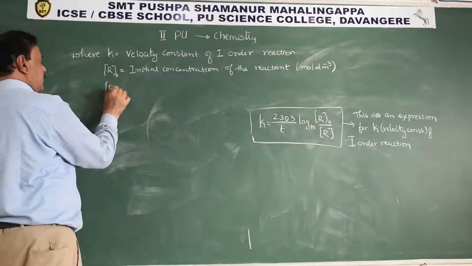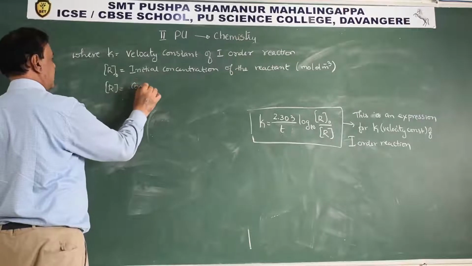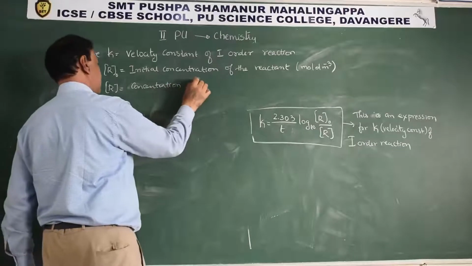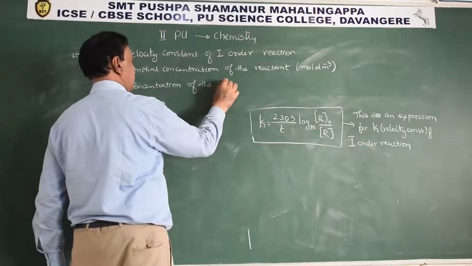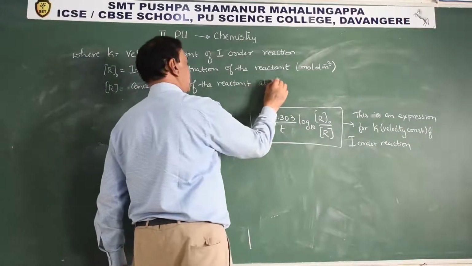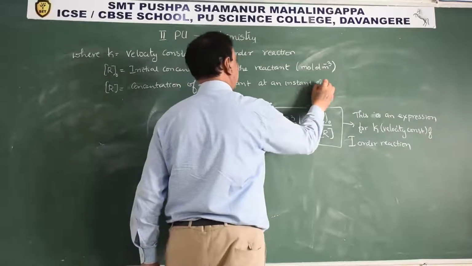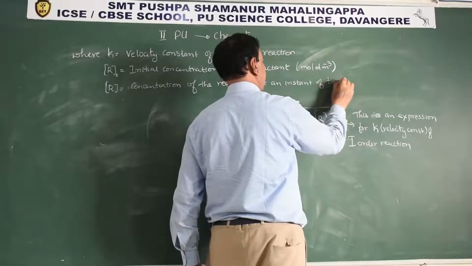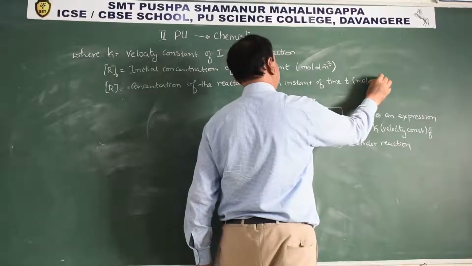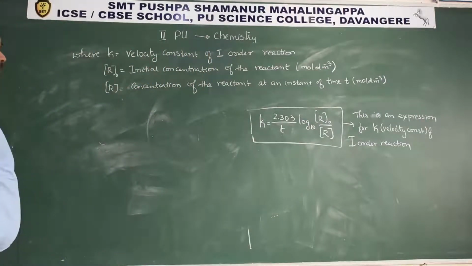And R is equal to the concentration of the reactant at an instant of time t, also expressed in terms of moles per cubic decimeter.